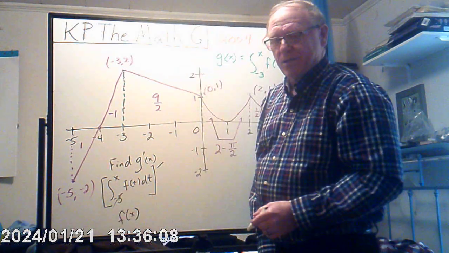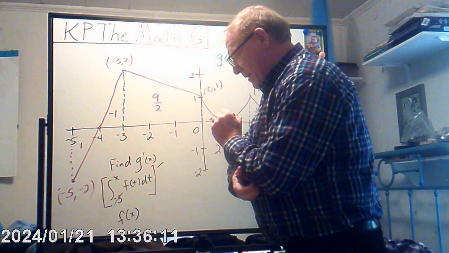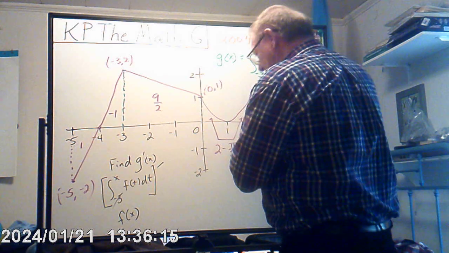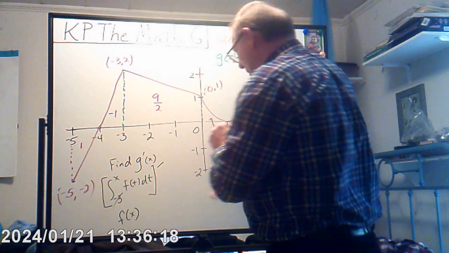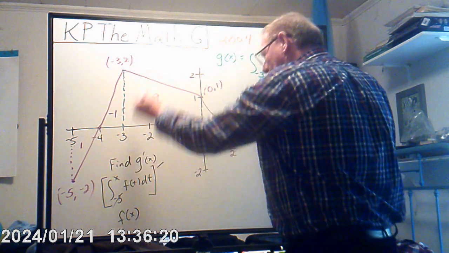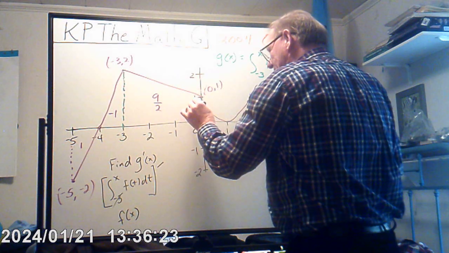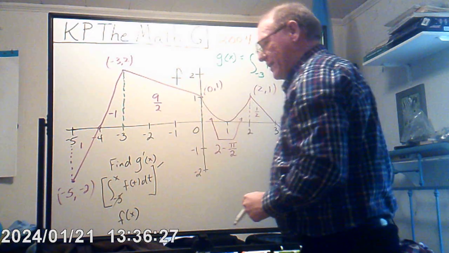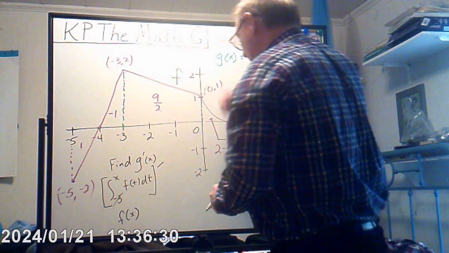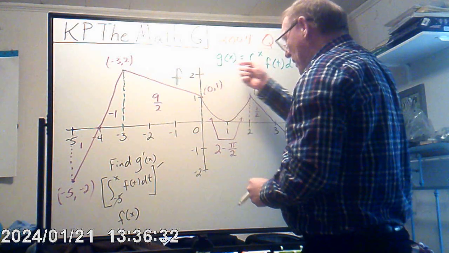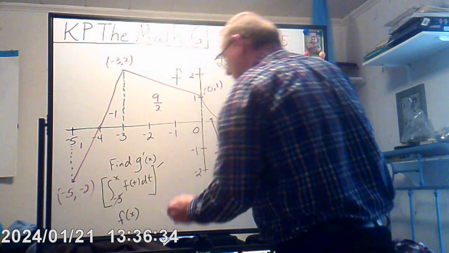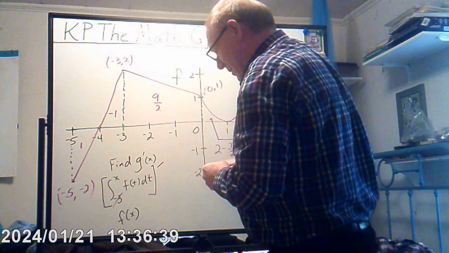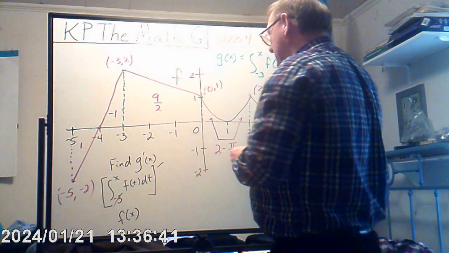It's actually f at x, and this whole graph is f. It's defined as G, but when you take the derivative of G, you have what you're looking at now. So that's f at x.